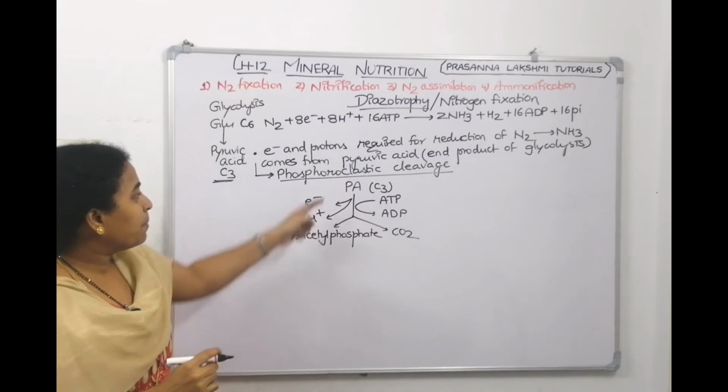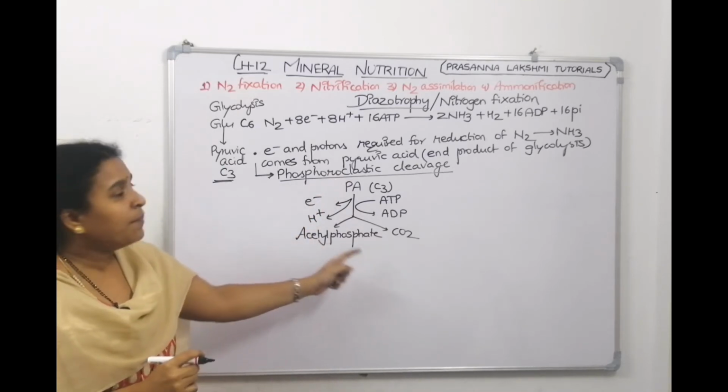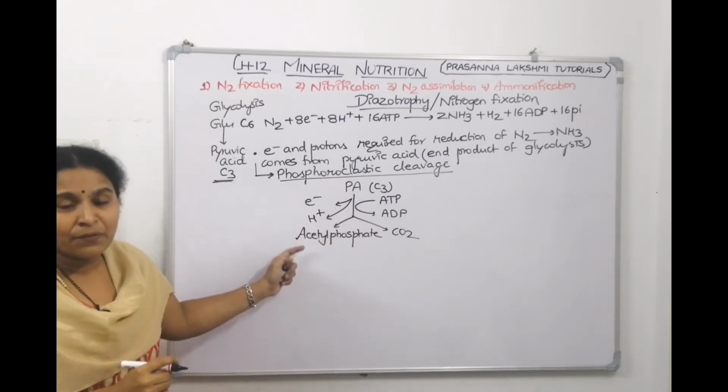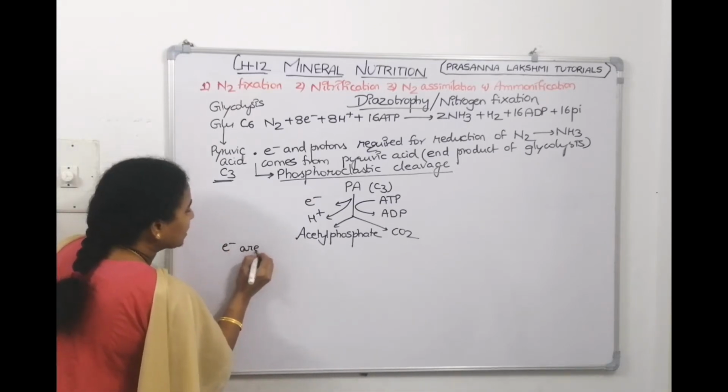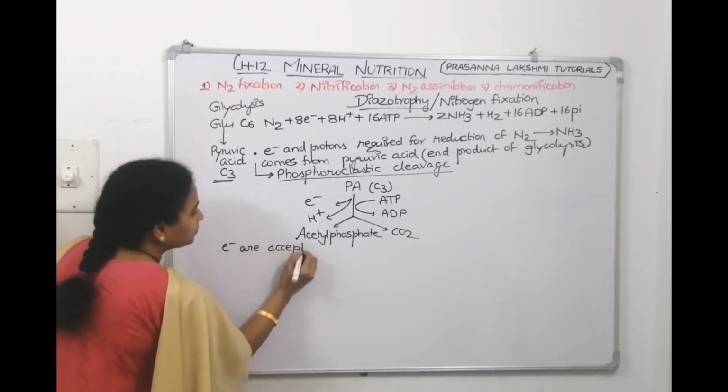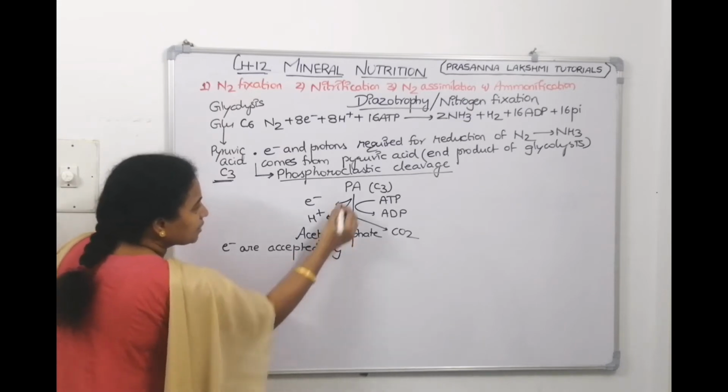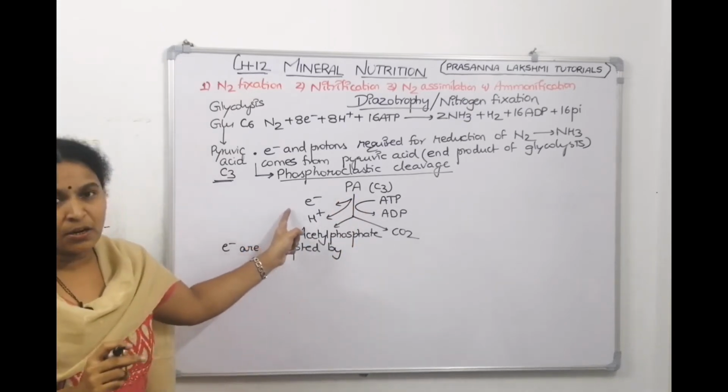In this process, when pyruvic acid is getting converted to acetyl compound, it will lose electrons and it will lose protons. Now, electrons are accepted by what? From this reaction to this reaction, electrons are lost.